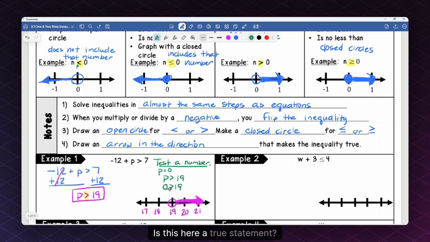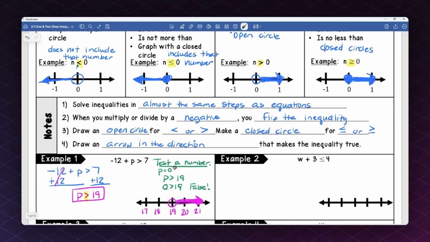Is this here a true statement? Is 0 greater than 19? And no, that is a false statement, right? So that lets me know I wouldn't shade it in this direction, okay? This side would be incorrect because if I included 0, 0 is not greater than 19.